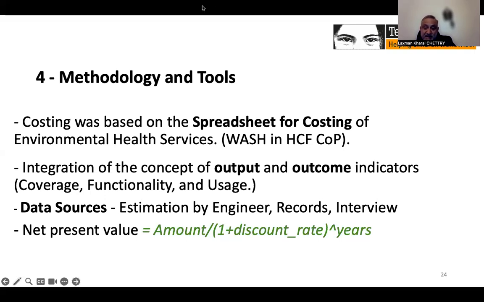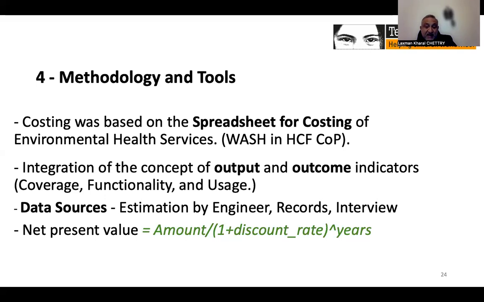The output indicators integrated into the costing spreadsheets primarily focus on coverage and functionality of the WASH services. The outcome indicator is related to the use of WASH facilities, and this is to be collected separately. This is not yet linked with the costing set.